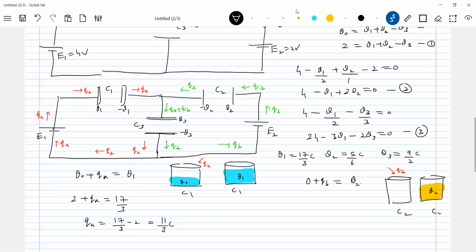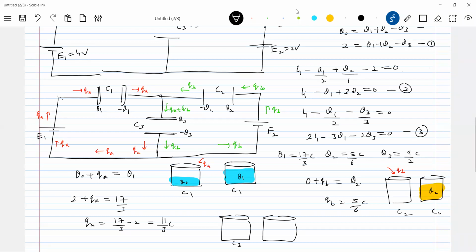Okay, let's come to capacitor C3. For capacitor C3, what was the earlier charge? 0. So QB is directly equal to 5/6 coulomb. Now capacitor C3, initially no charge, and how much charge did we add?